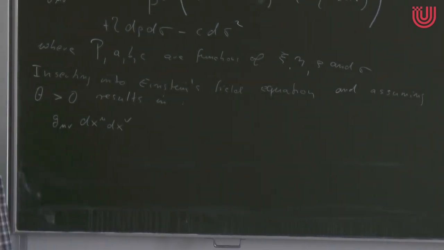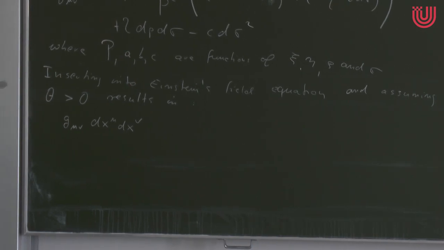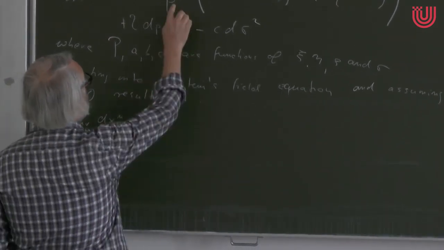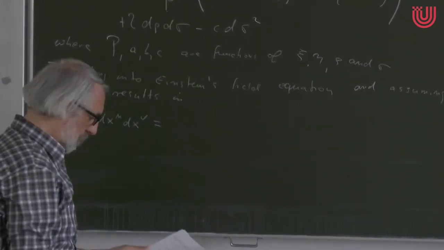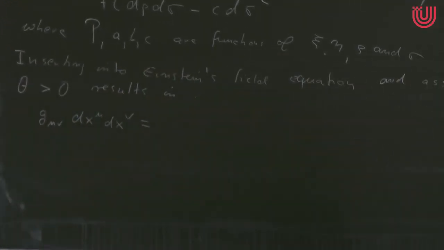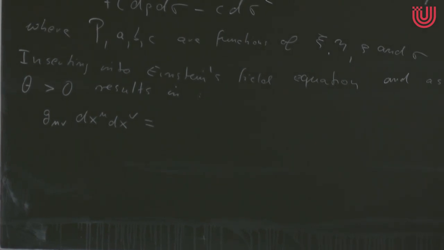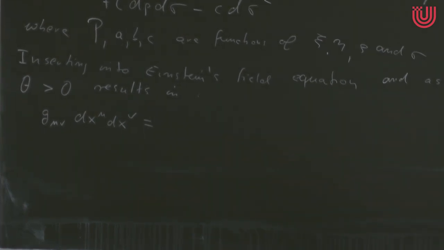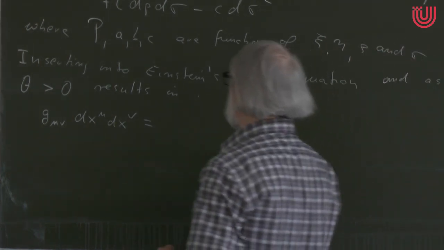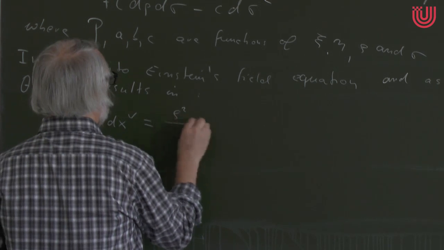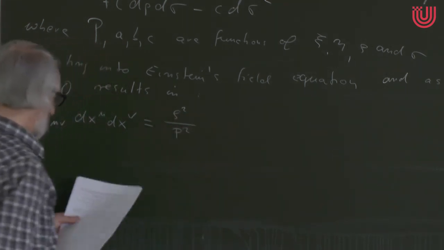There are only two unknown functions involved. Here I had a capital P, I now have a lowercase p. So this is rho squared over lowercase p squared.